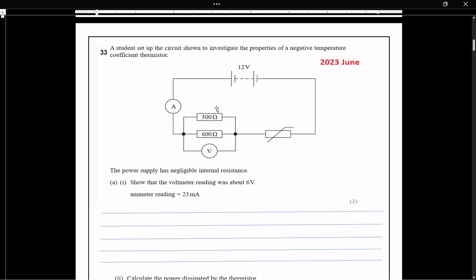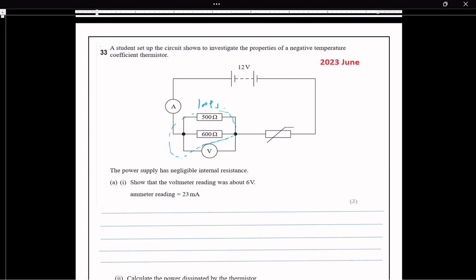As you see, the voltmeter is connected to measure the voltage of the parallel combination. So let us say this is loop 1, the loop across which we are measuring the voltage.